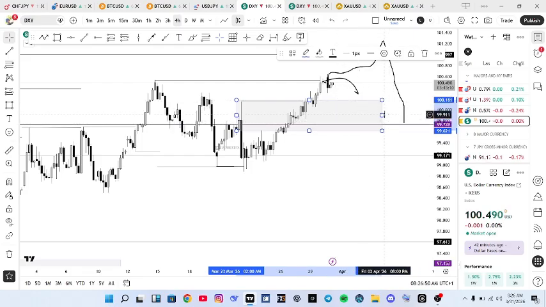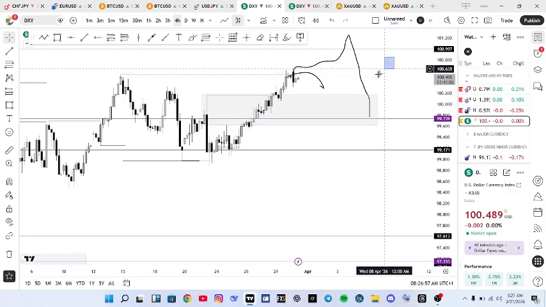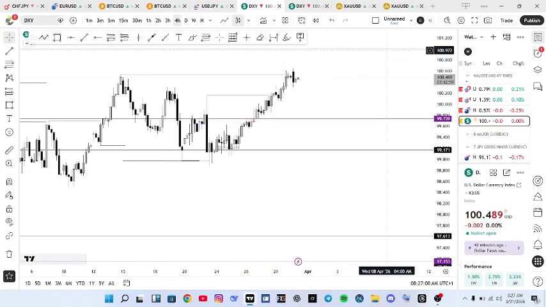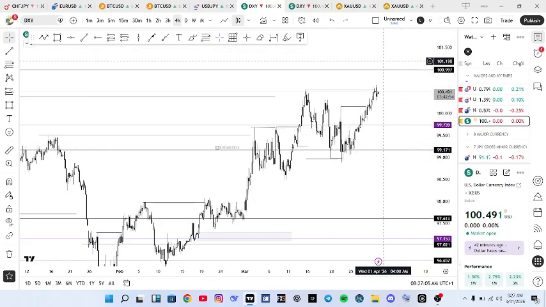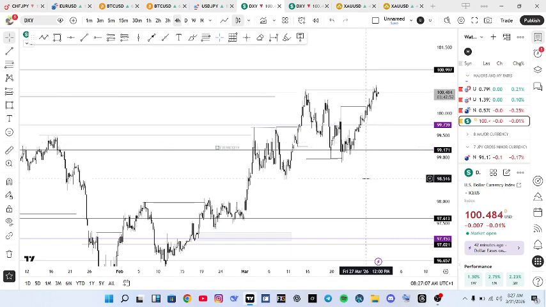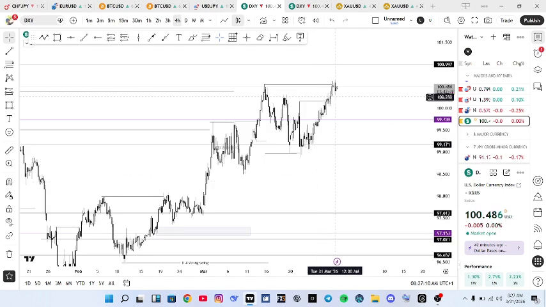So there is a high probability that if price makes a retracement, it will come to this zone, and from next month, or not this month again, give us a buy. So we have more confirmation that price will get to a level and sell a bit to buy. That is on the XY. So it's like saying on the XY we might be expecting sell to buy, or price will buy first then sell to buy on the XY.